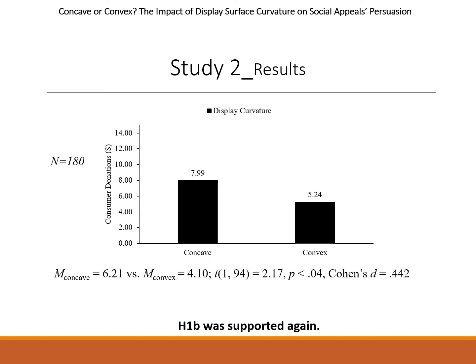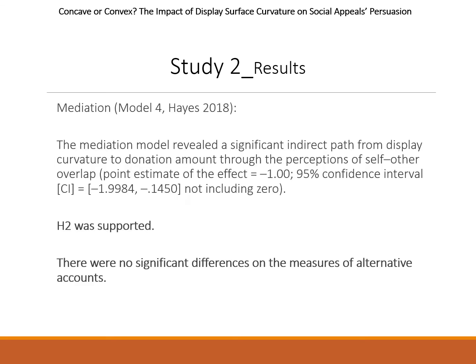So here are the results, very consistent with our expectations. An independent samples t-test revealed that participants in the concave condition donated a greater amount of money than those in the convex condition. So hypothesis 1B is again supported. To test the mediation, we conducted mediation analysis using SPSS PROCESS model 4 with display curvature as the independent variable, perceptions of self-other overlap as the mediator, and donation amount as the dependent variable.